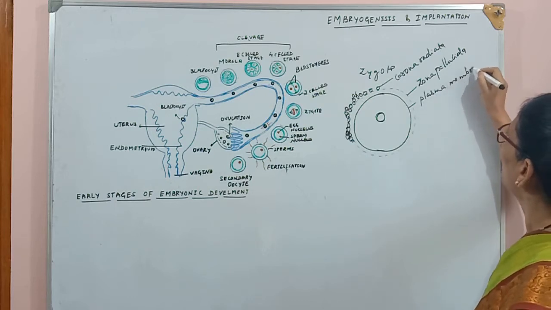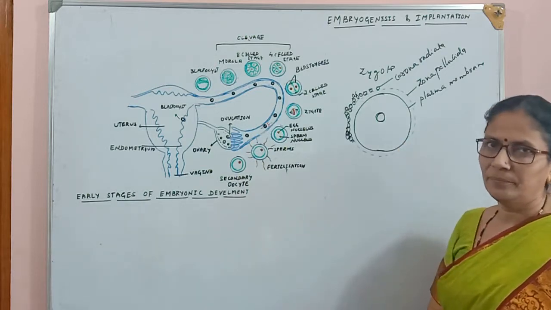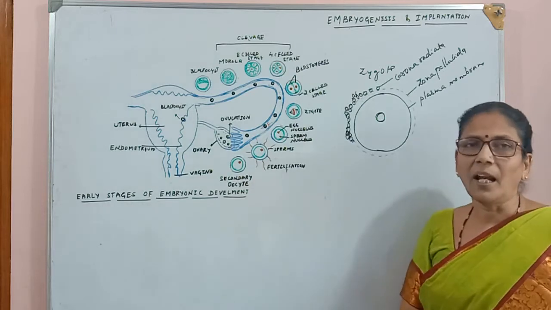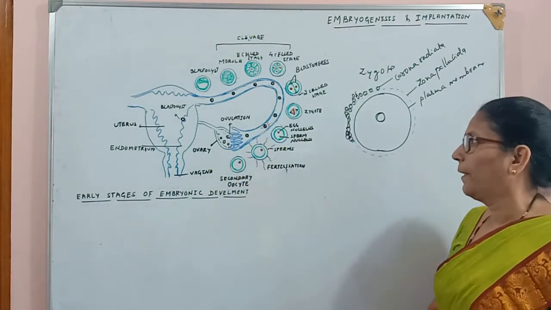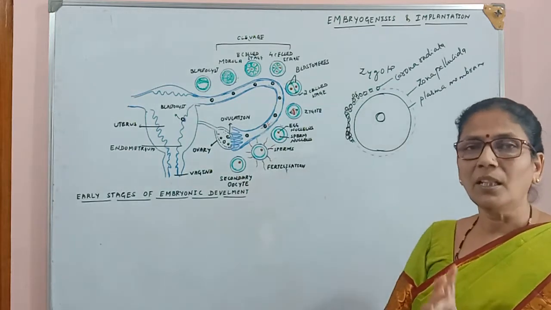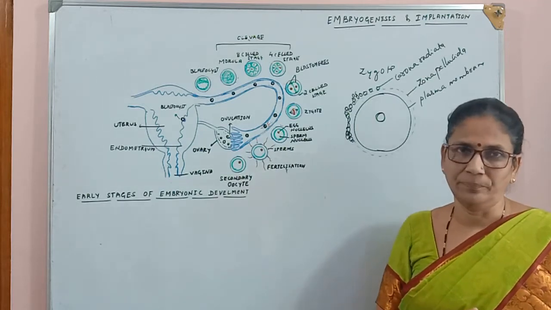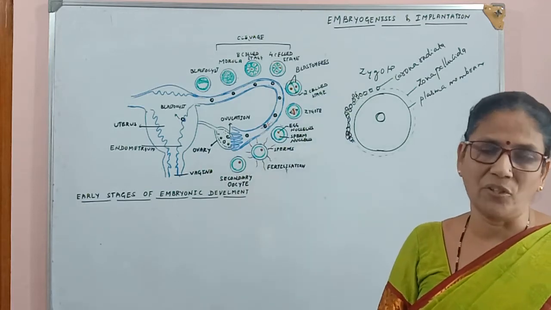Inside the cell, the cytoplasm is there, all the cell organelles are there, and along with that a diploid nucleus is there. The first division starts in the zygote after 30 hours of fertilization. These cell divisions are called cleavage.